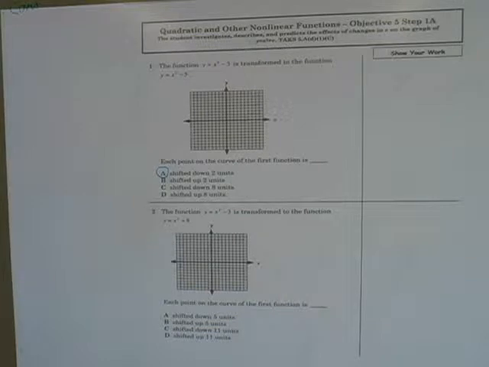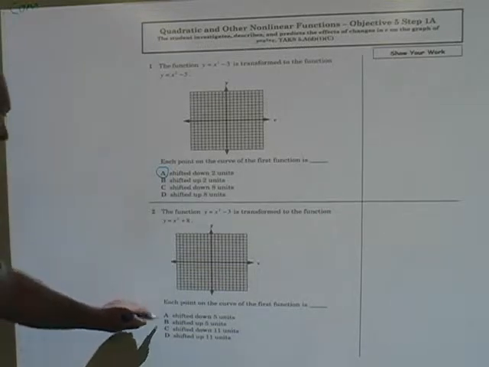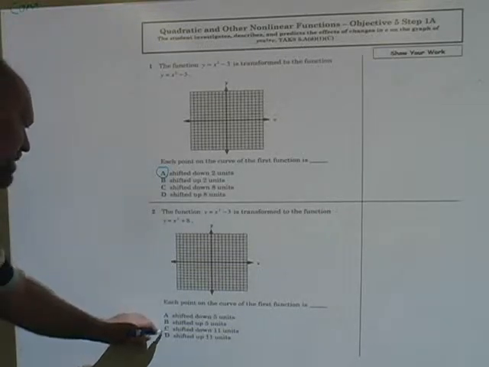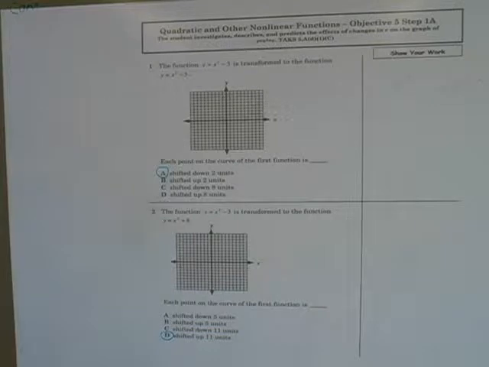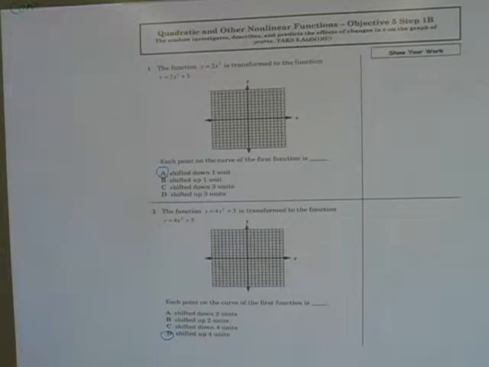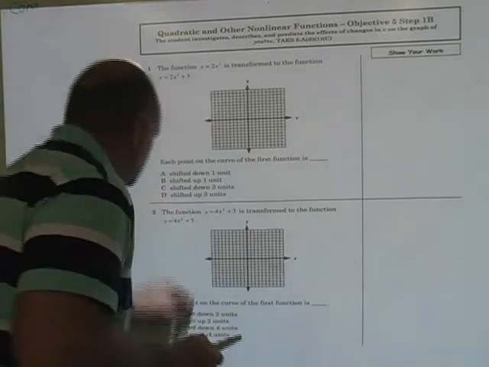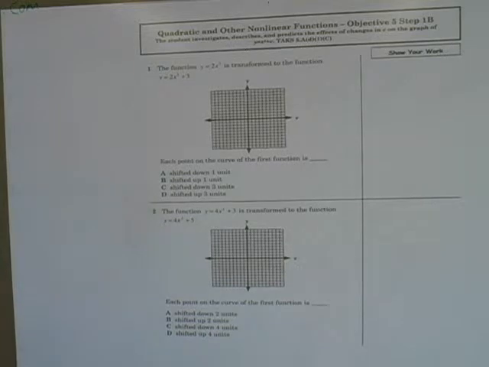Number 2, graph both functions. You should have gotten that it shifts up 11 units. Okay, next one. Do the same thing here. You should get a 3-unit shift up.